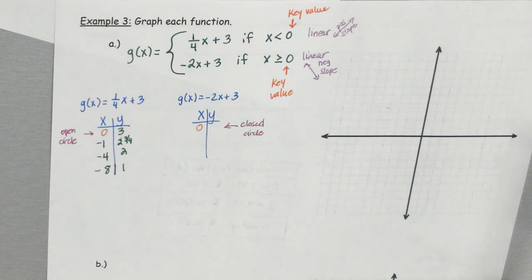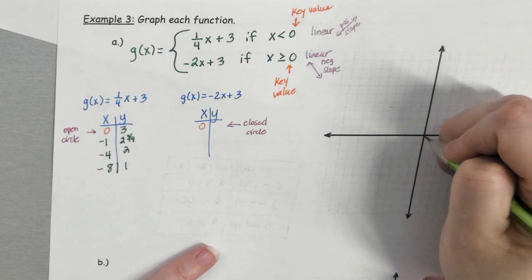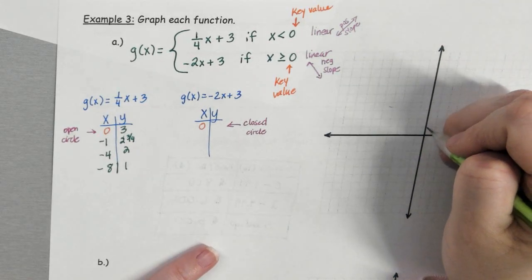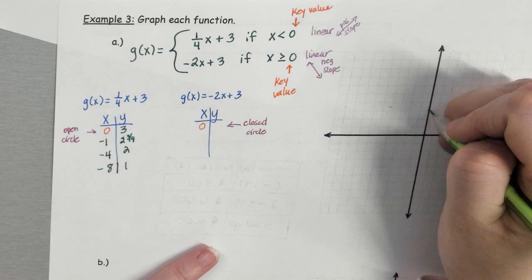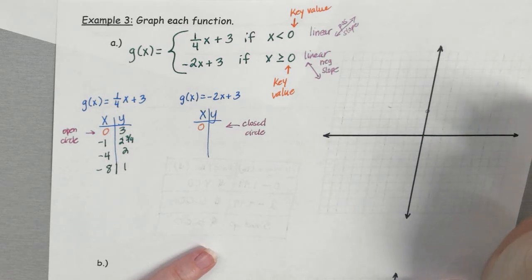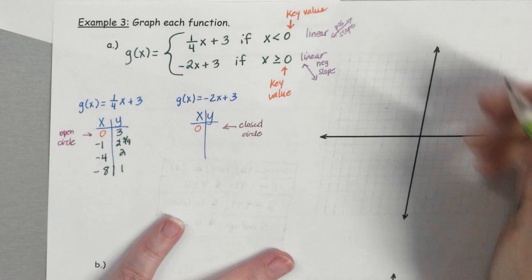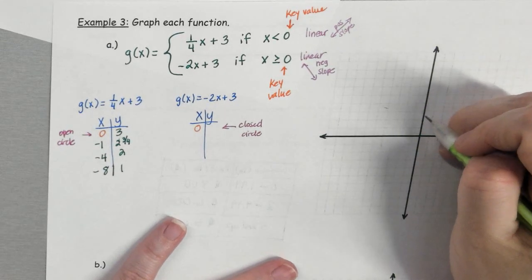And we are going to graph this. So you have 0, 3, 1, 2, 3. Just put an open circle there. I know that one's a little harder to see because you're on 0.